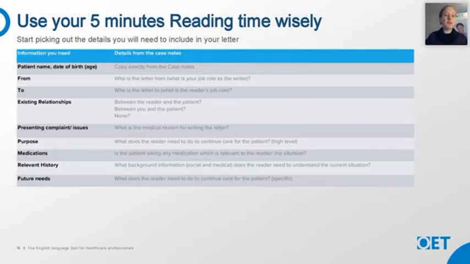But the biggest chunk of information you're going to focus on is going to be the relevant history, which will include things like the background information, maybe their social or medical history, their previous visits to you, and so on. And finally, what future needs does the patient have, and what specifically does the reader need to do to continue their care?